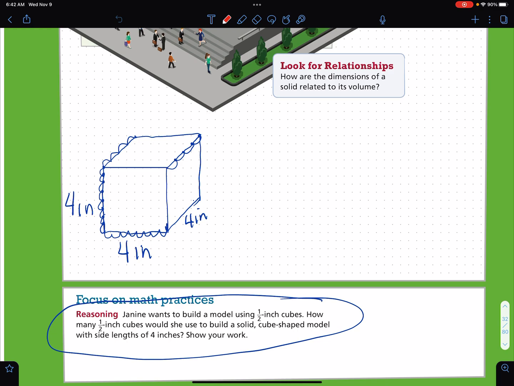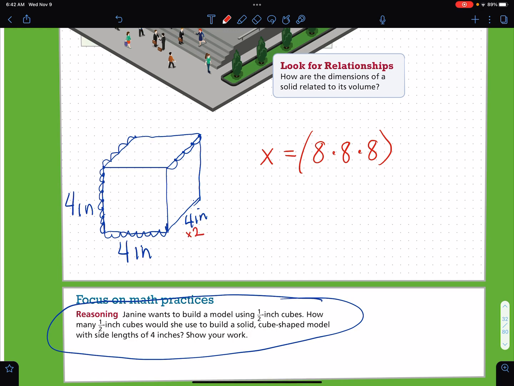So I'm going to set this up as x, which is my volume, will equal 8 cubes times 8 cubes times 8 cubes, because it's length times width times height. And I got that because I did 4 times 2.